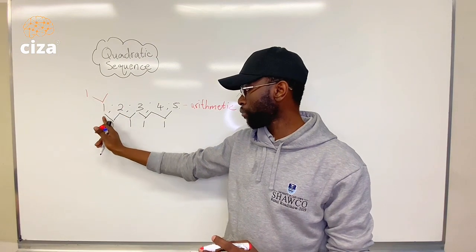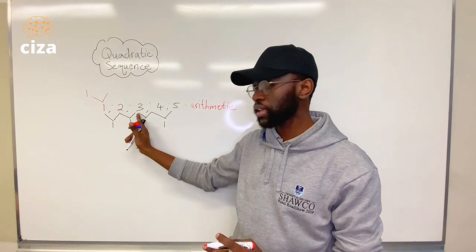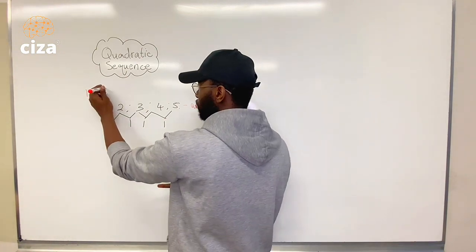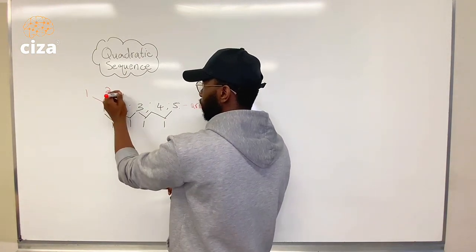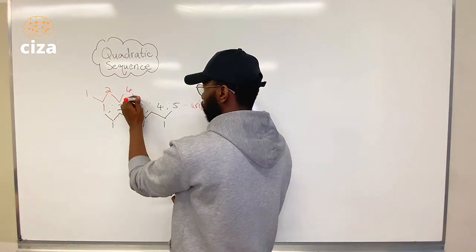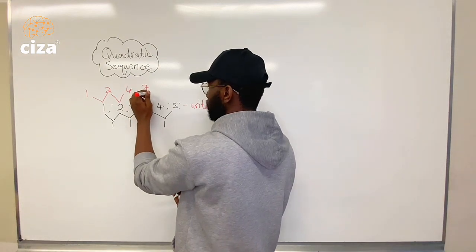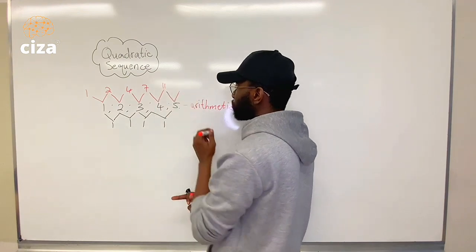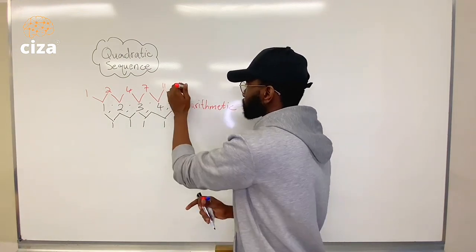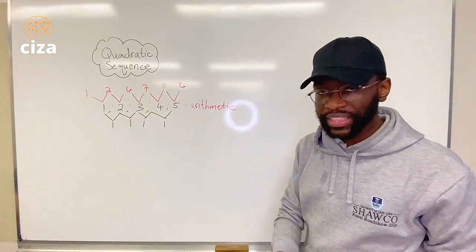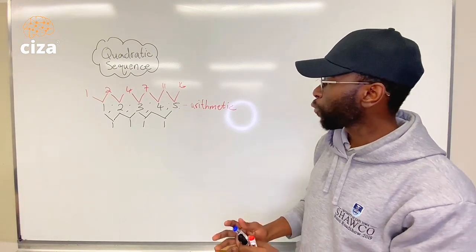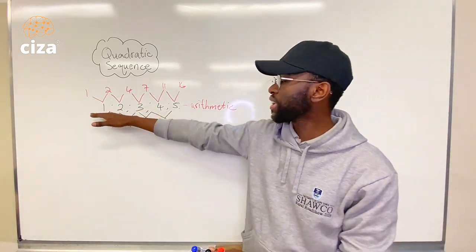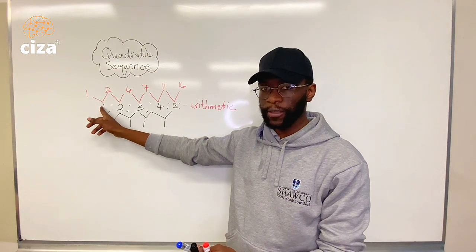Just like we did here, 1 plus 1 is 2, 2 plus 1 is 3. So 1 plus 1 will give us 2, 2 plus 2 will give us 4, 4 plus 3 will give us 7, 7 plus 4 will give us 11, 11 plus 5 will give us 16. This is the higher sequence that we find, whereby the arithmetic sequence is the first difference.